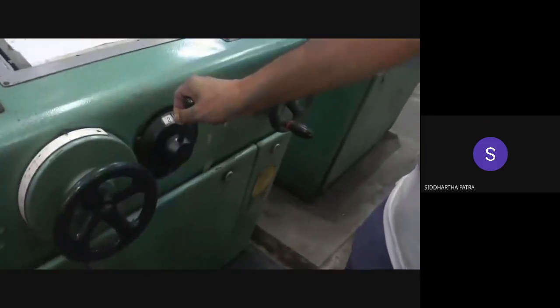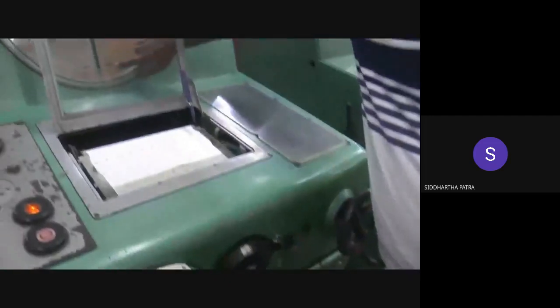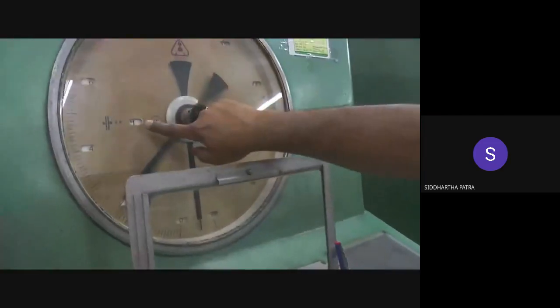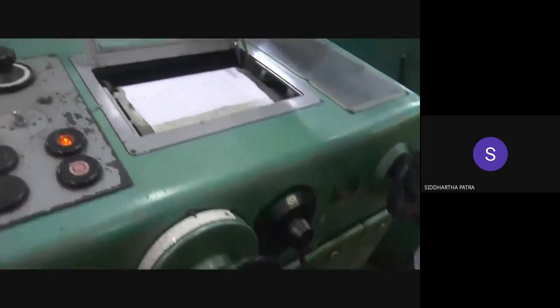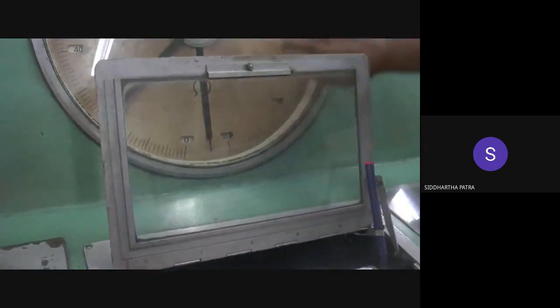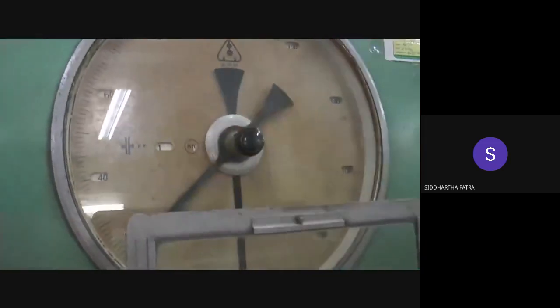Okay, and this can also be changed using this handle over there. For example, now it has been changed to 20 kilonewton, the maximum value, and the least count being 0.1 kilonewton. And this one is again another scale with maximum value of 200 kilonewton and the least count being 1 kilonewton.